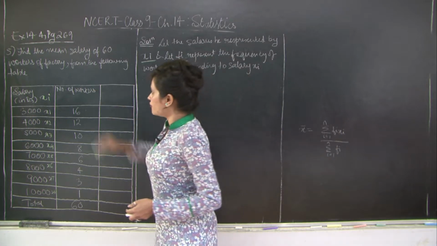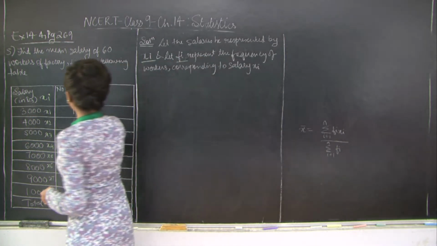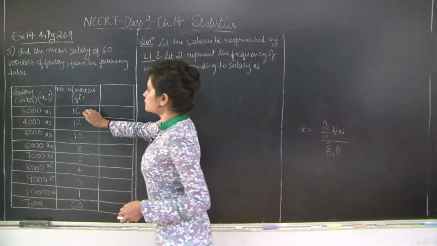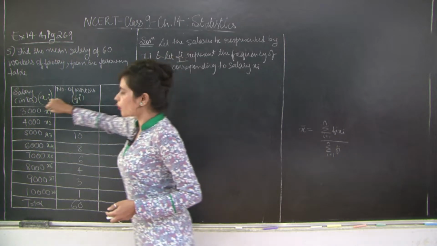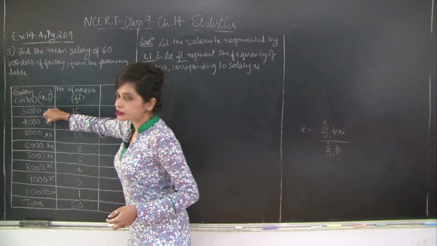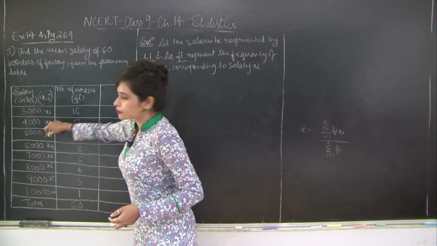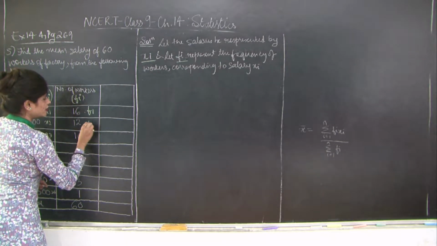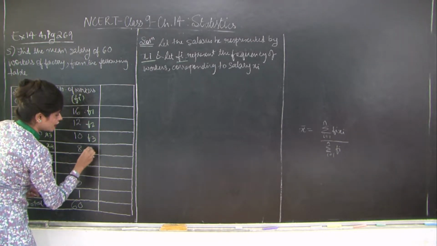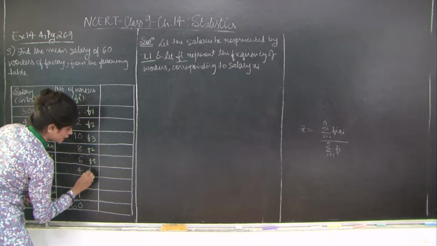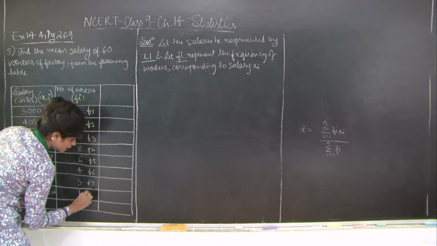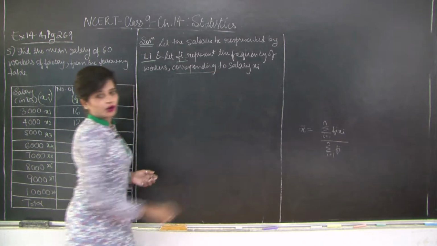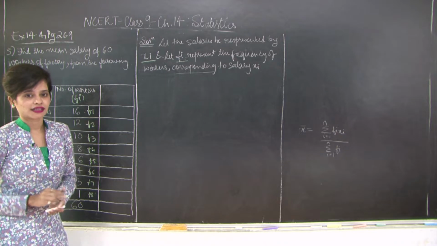That means if I give the frequency of workers the name fi, then won't this become f1? So f1 will correspond to x1, f2 will correspond to x2, f3 will correspond to x3, and so on. So for convenience, let me just write f1, f2, f3, f4, f5, f6, f7, f8. The word corresponding here is very important. Okay, corresponding to salary xi.